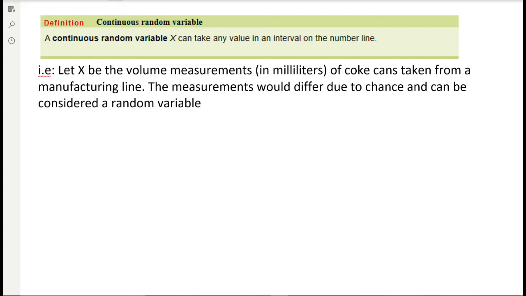So you're taking Cokes from a manufacturing line, so a factory line, and each Coke will vary by a little bit from the next. And that's because of random fluctuations in how much the machine fills the Coke cans, right? So there might be a difference of 1 milliliter, 2 milliliters, maybe as much as 10 or so milliliters between each Coke can, and therefore it's based off of chance.